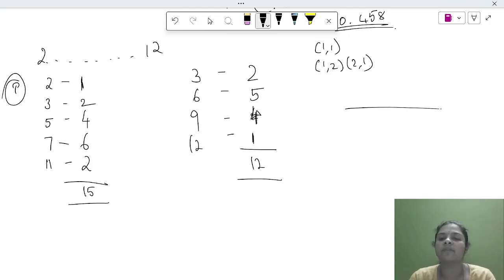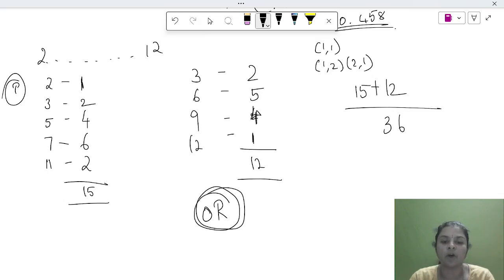Now, normally what we would do is keep the denominator 36 and, since it asks for OR, directly add 15 plus 12. Correct? But remember, I told you in the properties itself, when you look at an OR condition, you should check whether the events are mutually exclusive or not. How to check?